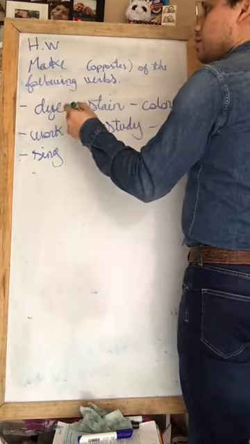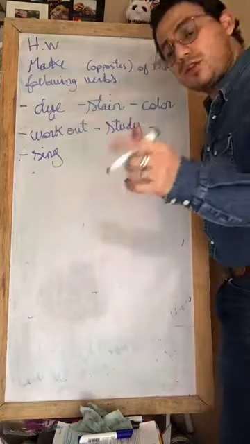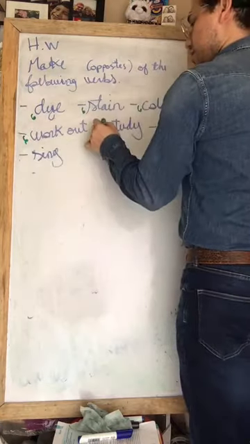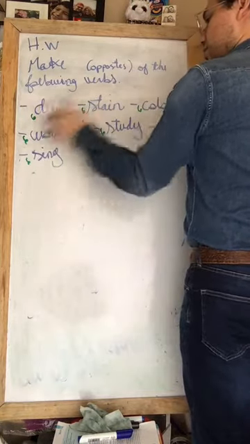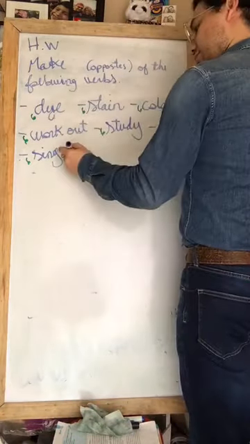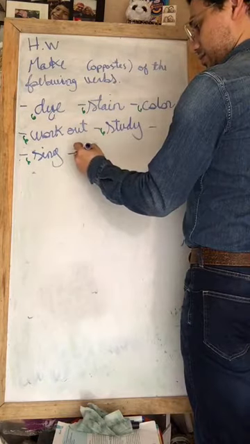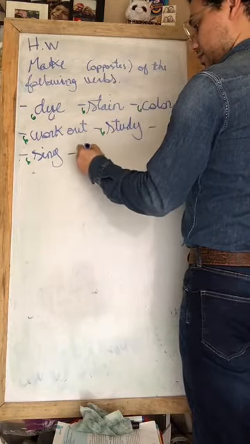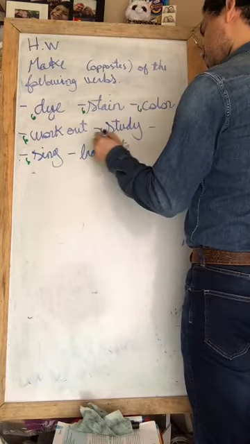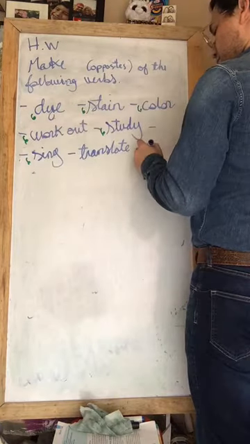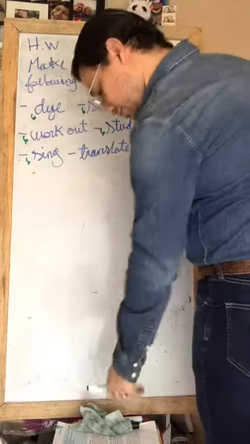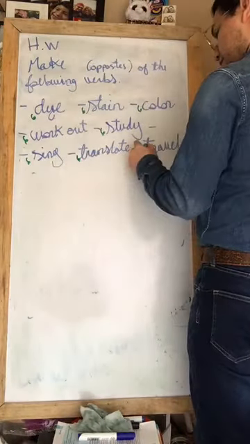Oh no, 6, because you were doing opposites. So 6 with this, 6 with this, 6 with this, 6 with this, 6 with this, 6 with this. Translate. Travel. So you have 6 and 6.